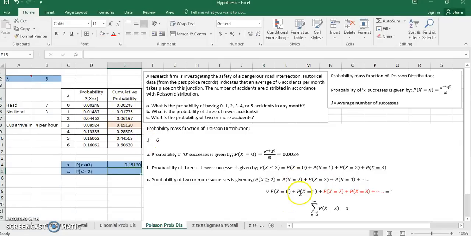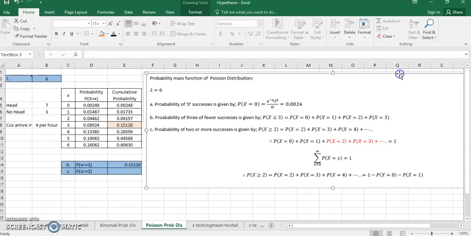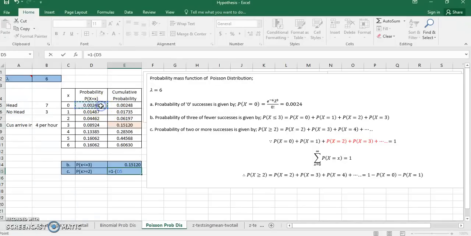Now the probability of 2 or more successes. I'm calculating part C now. The probability of more than 2 successes is given by 1 minus the probability of 0 successes, which is right here, plus the probability of 1 success, which is right here.